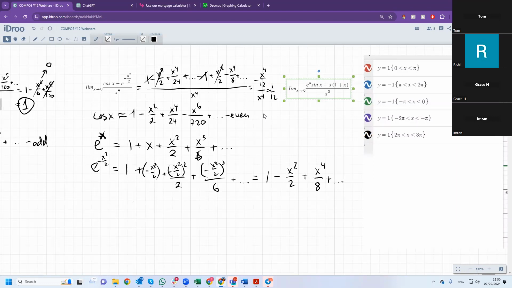If a function is even, can we say that the derivative is odd? I think so.